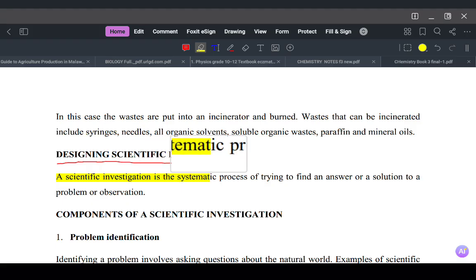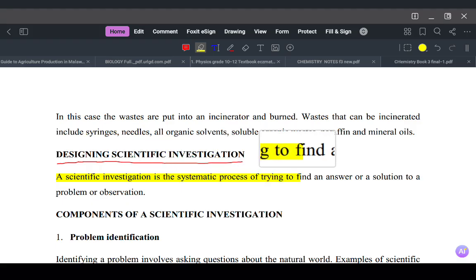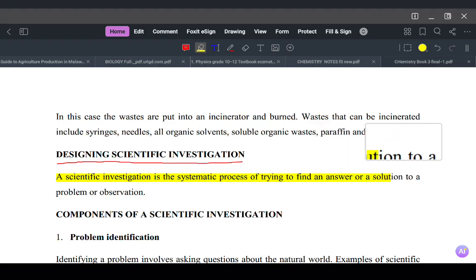We define a scientific investigation as the systematic process of trying to find an answer to a problem, or a solution to a problem or observation.